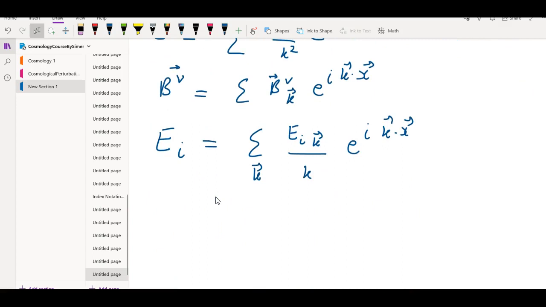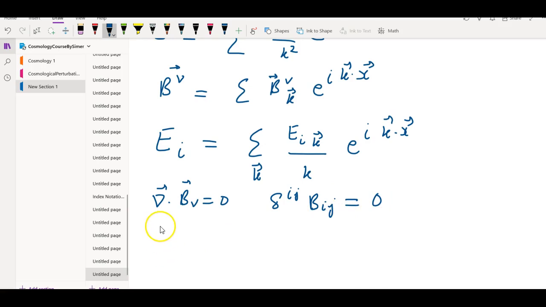The constraints are that delta ij ei is 0, delta ij bij is 0.